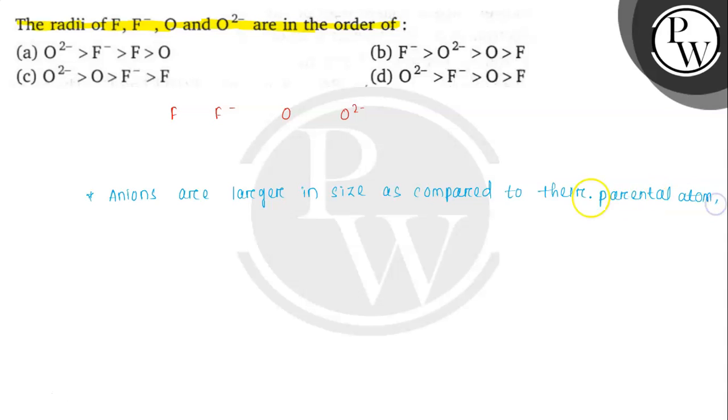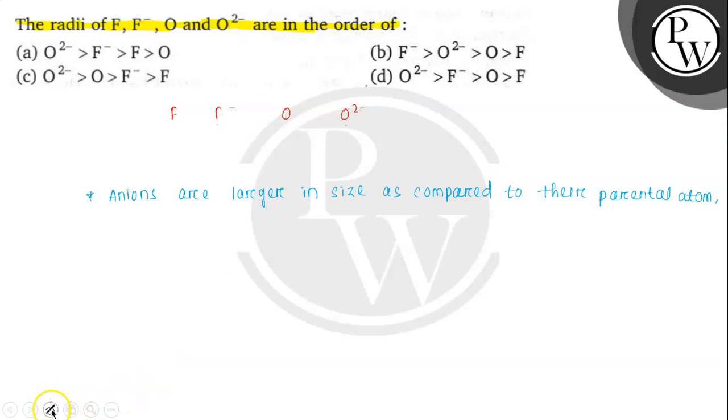So anions are generally larger in size as compared to their parental atom. So if you see, there are two anions, F minus and O2 minus. So they are larger as compared to F and O.